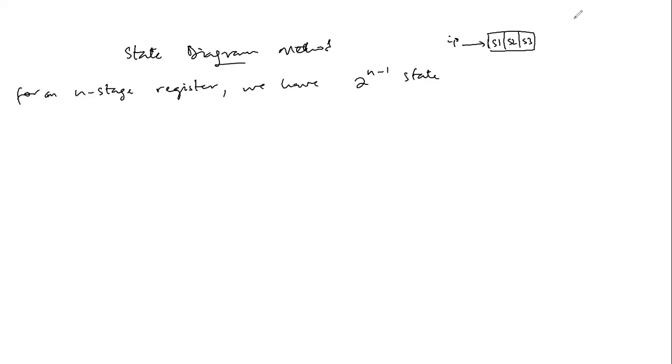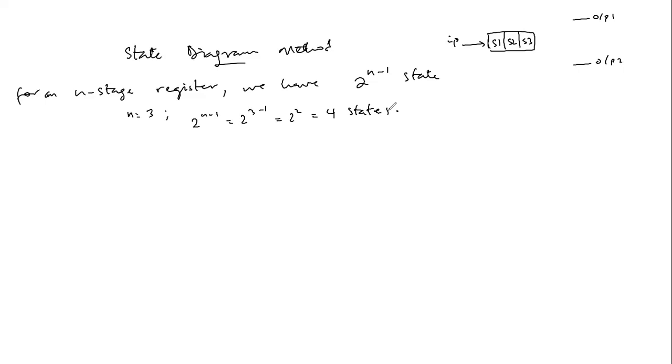And then we have 2 outputs, output 1, output 2, as designed. So you realize that we have 3 registers here, so for 3 registers, n is equal to 3. So technically, we have 2 to the power of 3 minus 1, that's 2 to the power of 2, which is 4 states. We have 4 states in this case.